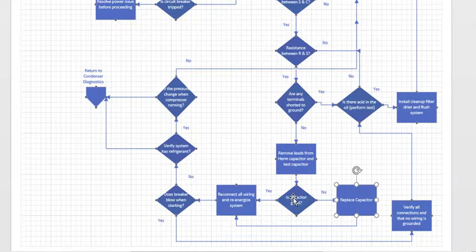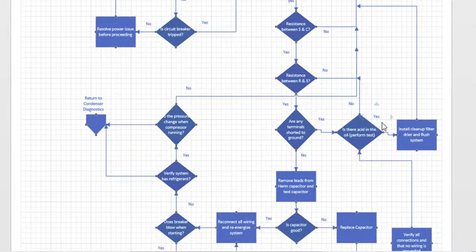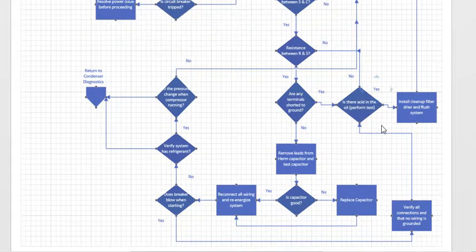If the capacitor is good, reconnect all wiring and energize the system. Now, just one note, if you end up replacing the compressor, you will always replace the capacitor. Do not ever replace a motor, and a compressor has a motor in it, without replacing the capacitors.